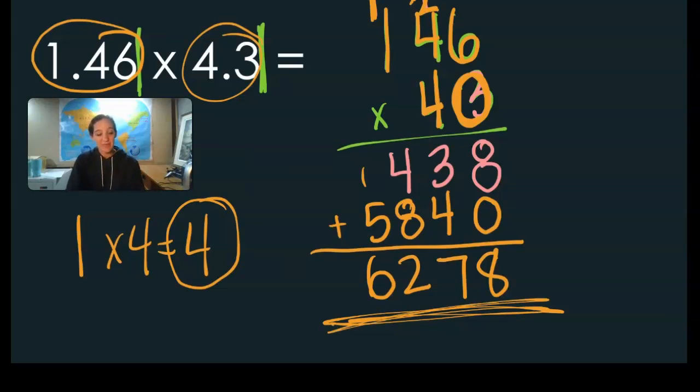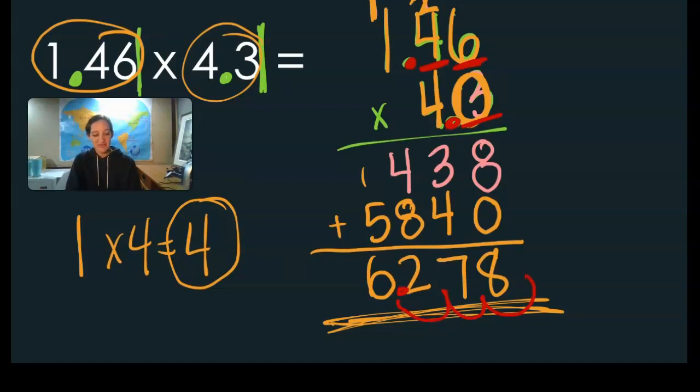So now we're going to go back to the decimals. There was a decimal between the 1 and the 4, and the 4 and the 3. So now I'm going to count. There is 1, 2, 3 numbers behind those decimals. So I'm going to scoop 1, 2, 3 numbers in.